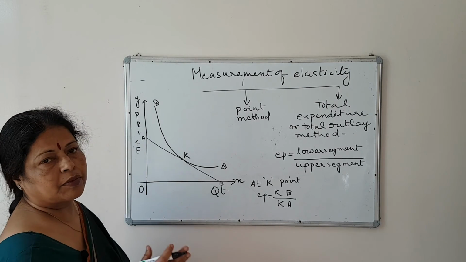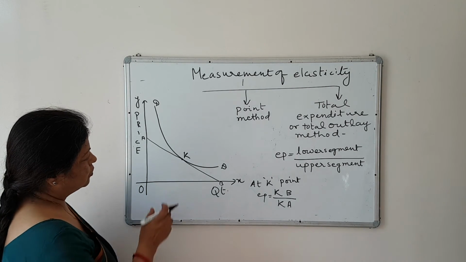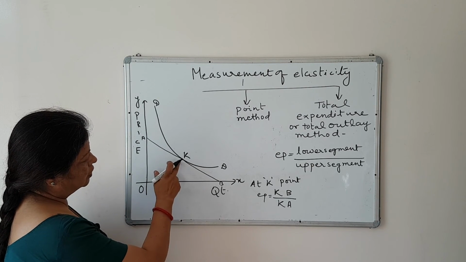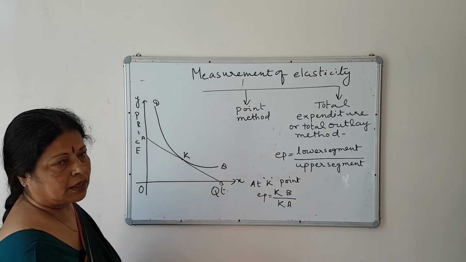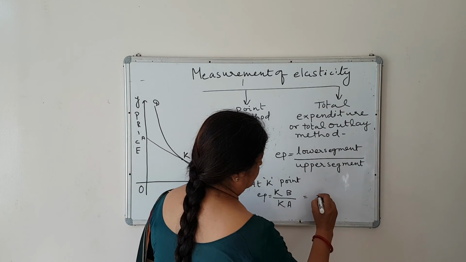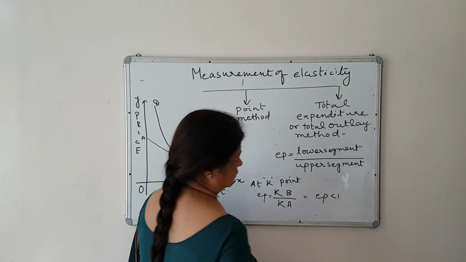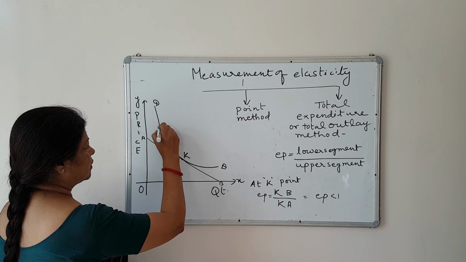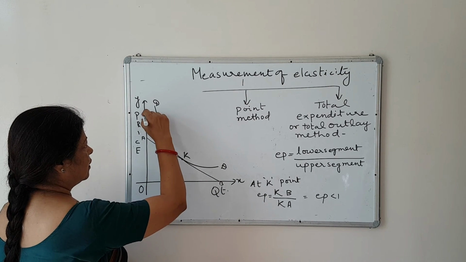So you can measure elasticity. You can see that at point K, KB is shorter in comparison to KA, so EP will be less than 1.